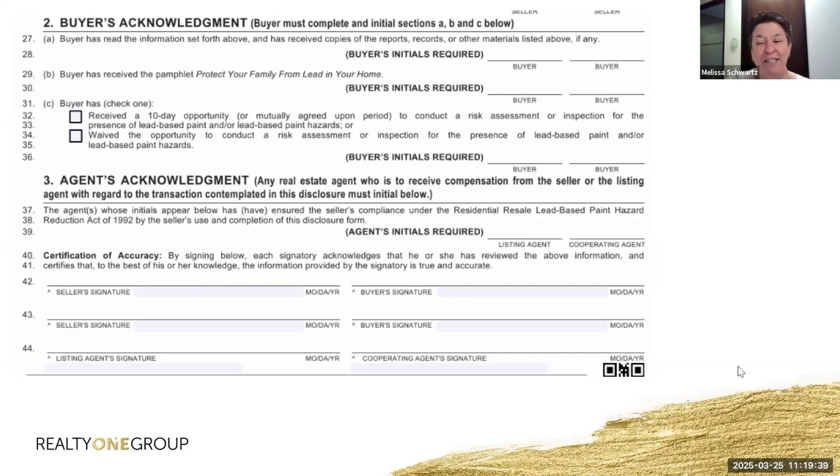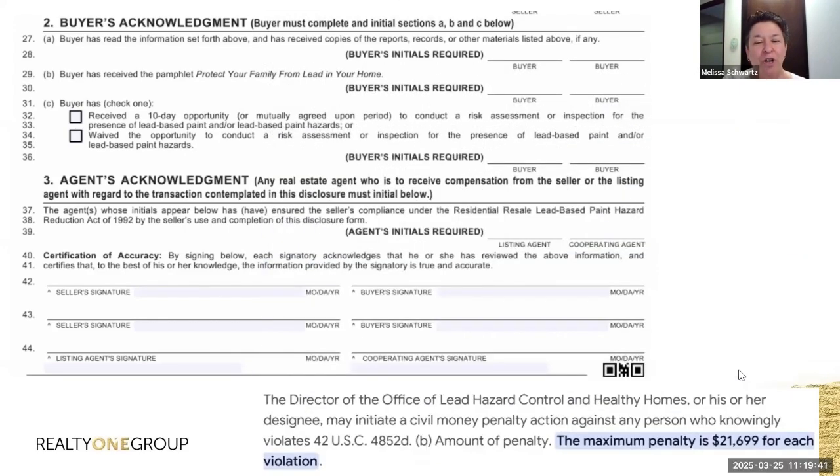It is very hefty. The maximum penalty is $21,000 for each violation. Now, that's usually against builders, but it's usually $1,000 per error on real estate contracts. So let's go back up.